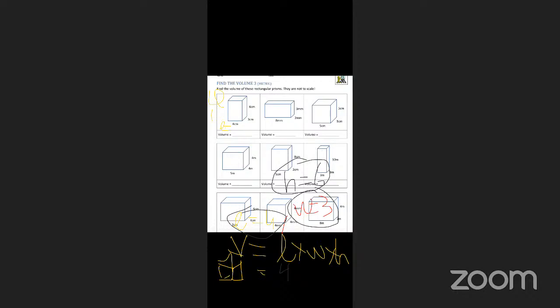So 4 goes in for the length times the width. What is the width, Yusuf? We're doing this question. The length is 4, the width is 3, and the height is 6. Basically we're multiplying all the sides.